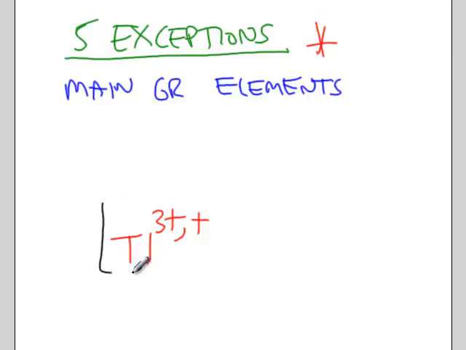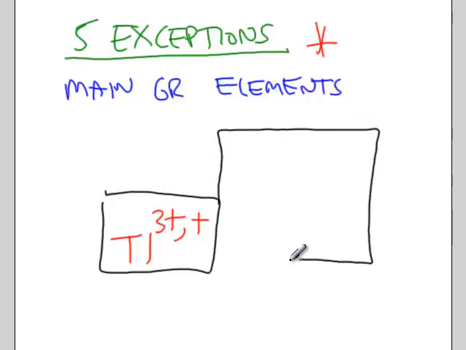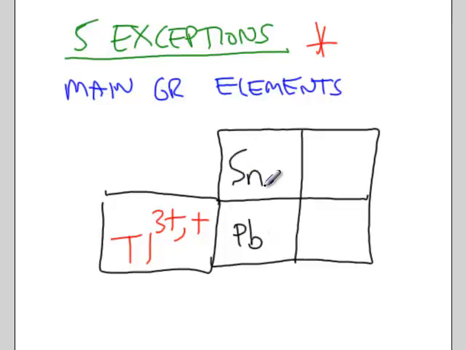Right next to thallium on the periodic table, if you keep moving left, you'll see lead, and above lead is tin. Both of those elements are found in group 14. So thallium, remember, was in group 13.